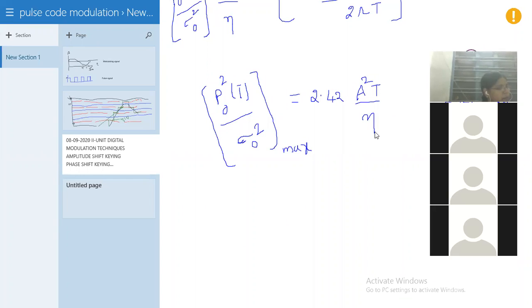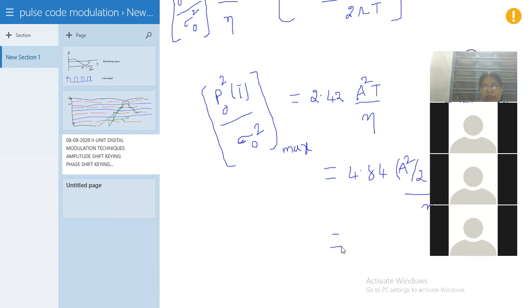So therefore here we can write in another general formula here, 4.84 into A square by 2, that is the power in that one, T divided by eta.